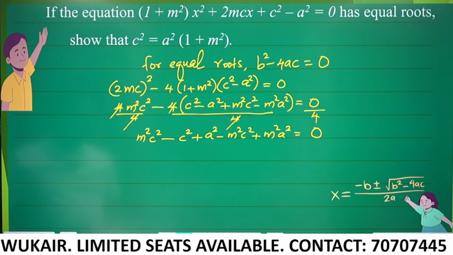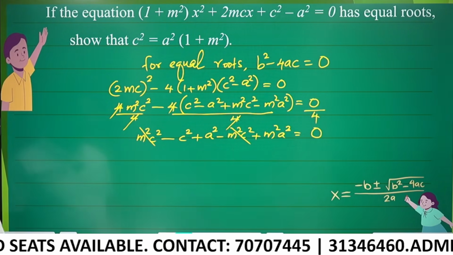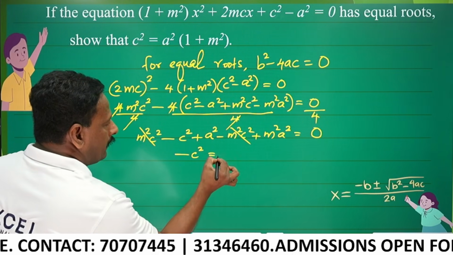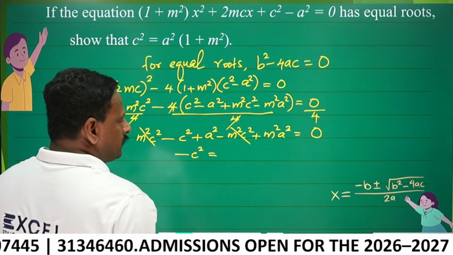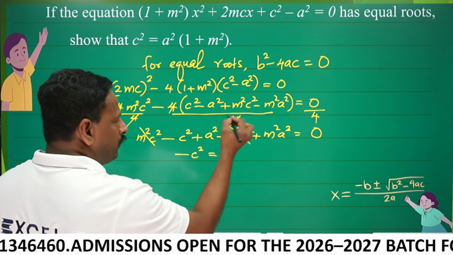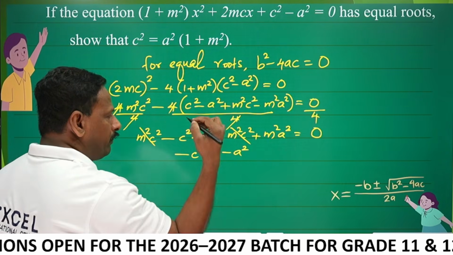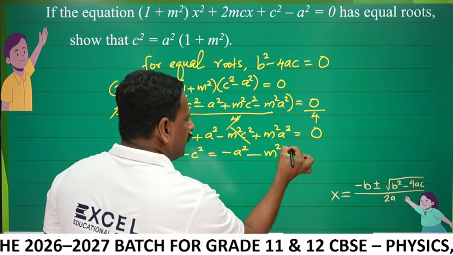So here you can see plus m square c square minus m square c square becomes 0. So what remains is negative c square equal to, so we will transpose these two terms. So this positive a square, if you transpose it becomes negative a square. This positive m square a square, if you transpose it becomes negative m square a square.